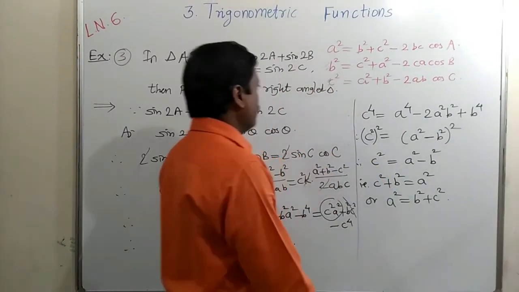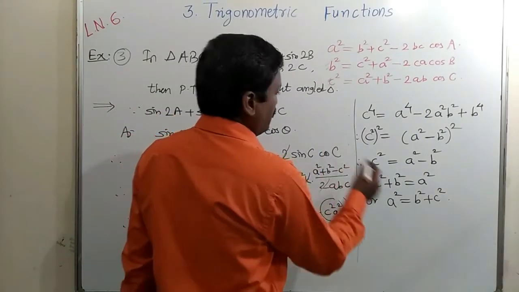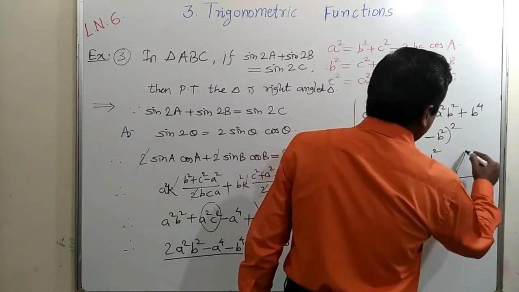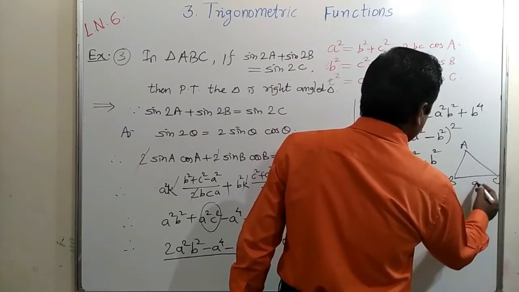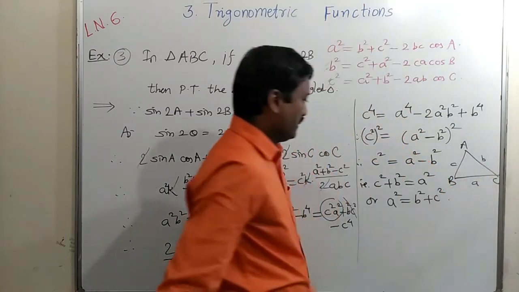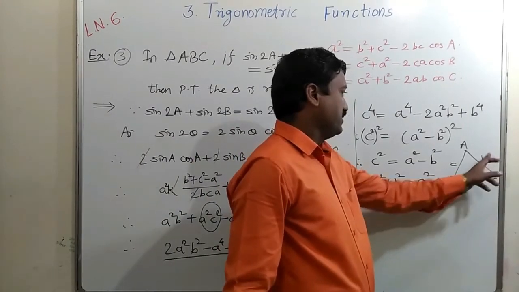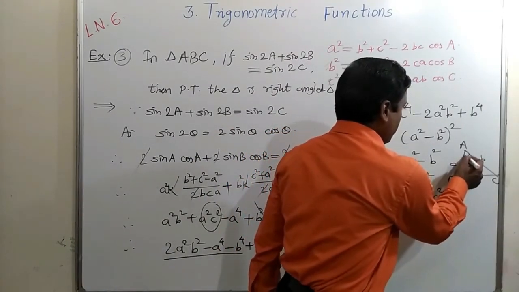or a square is equal to b square plus c square. What are small abc? Small abc are nothing but the sides of triangle ABC. Triangle ABC is like this. Then here this is A, C and B. Here a square is equal to b square plus c square. Obviously this a square is hypotenuse and this angle will be right angle.